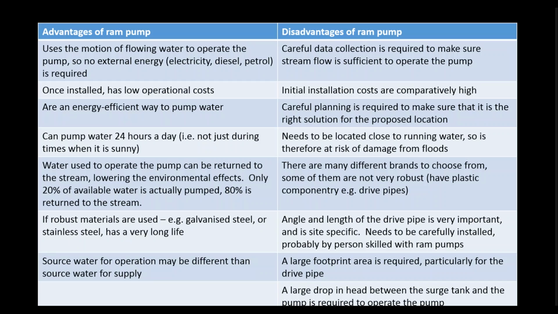So you might have a good water source which is great for operating a pump, like a river, but it's dirty, and then you may have a nearby stream or spring which has clean water, and you can use that for pumping, which is different than the water that you use to operate the pump. And if you're using robust materials like galvanized steel or stainless steel, then the pump itself has a long lifespan.